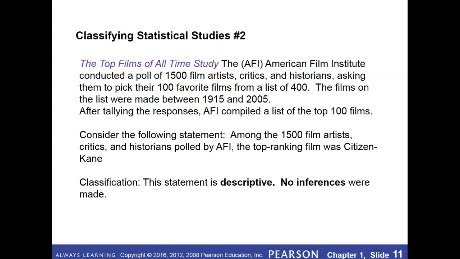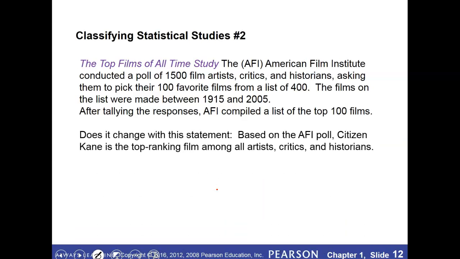There are no inferences made. They're just summarizing what those 1,500 film artists and critics said about their top films. So that's descriptive. Now, let's say we change the statement to something like this: based on the American Film Institute poll, Citizen Kane is the top-ranking film among artists, critics, and historians.